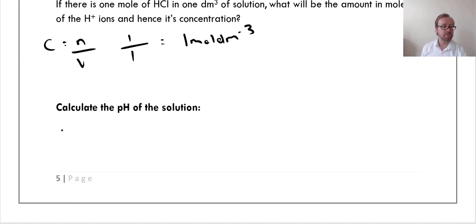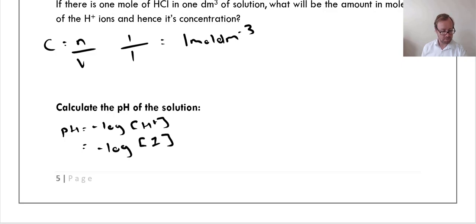My formula is pH equals minus log of [H+], and in my values, minus log of 1, which gives me a value of 0. So a 1 mol dm-3 concentration of HCl will have a pH of 0.